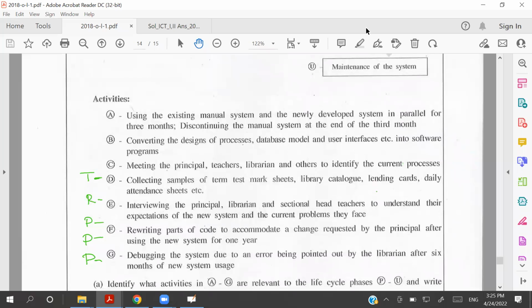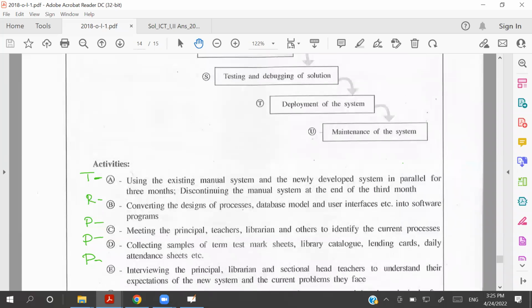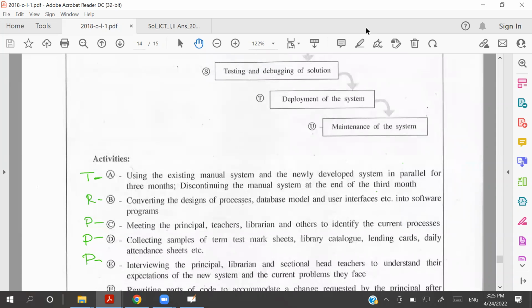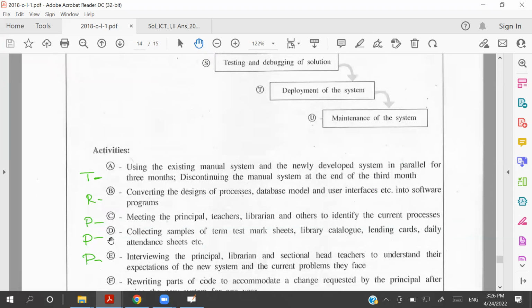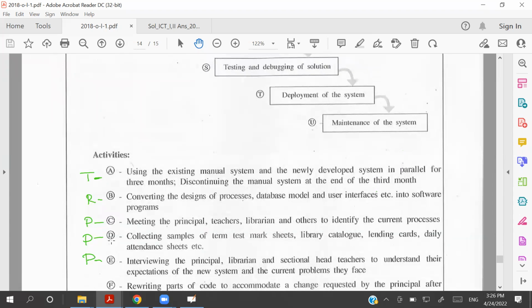So it's the maintenance. Therefore F belongs to T. Yes, now this is set for not the T people, it should be U.